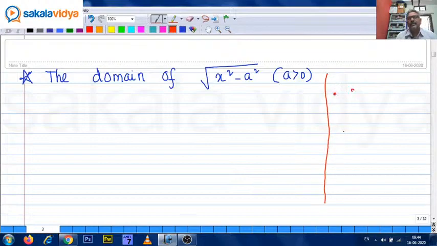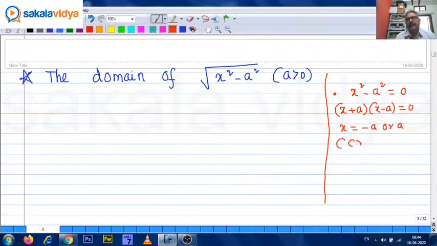First step is x square minus a square is equated to 0 to find out critical points. This is x plus a into x minus a equals to 0. We get x is equal to minus a or a. They are called critical points.